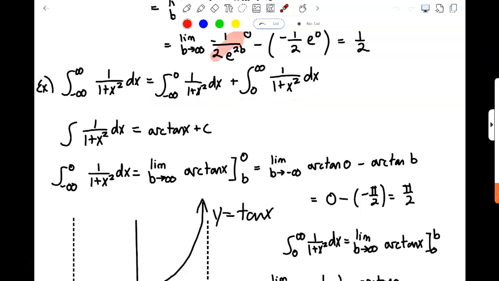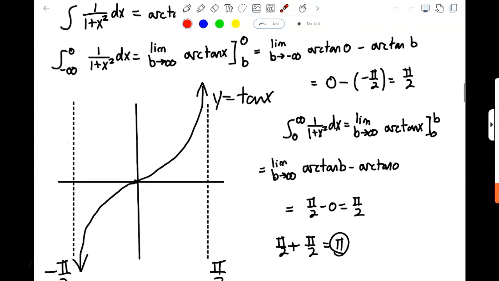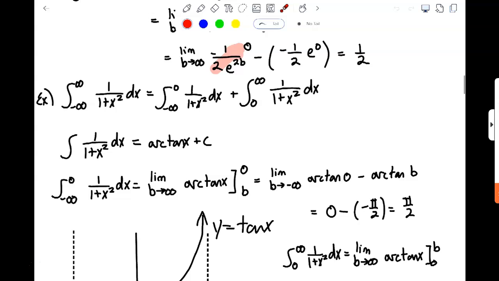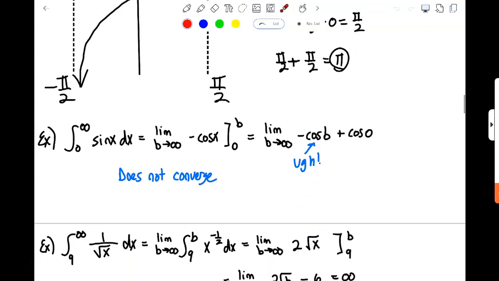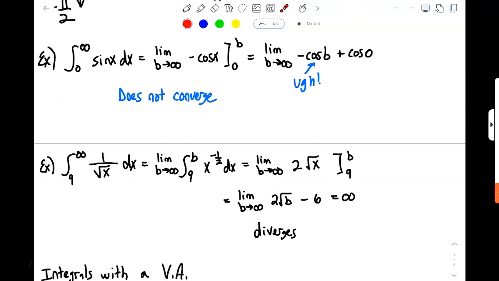We worked out first the antiderivative, and then we focused on those. We figured out that the area beneath 1 over 1 plus x squared, as we go from minus infinity to infinity, worked out to be pi. Of course, you can't do anything about things like sine or cosine on their own, so they're a little out of luck.